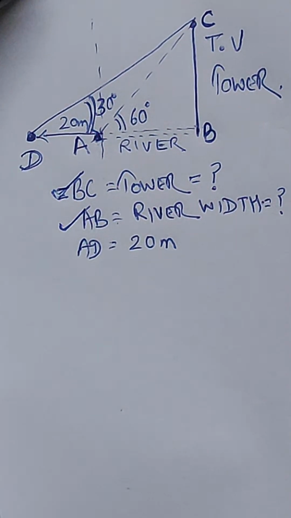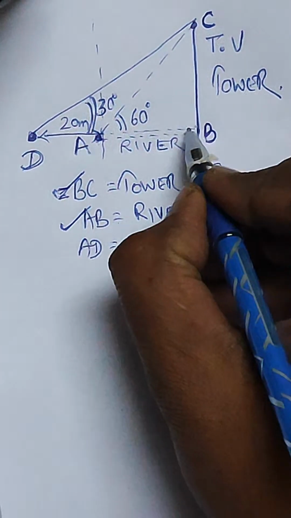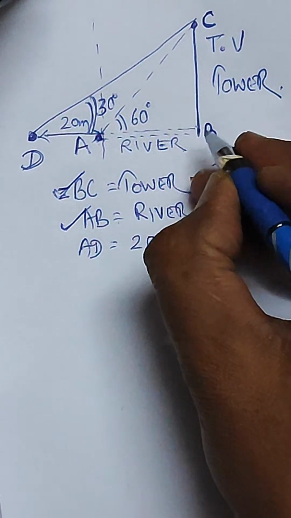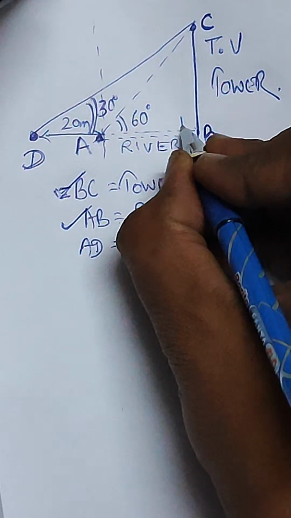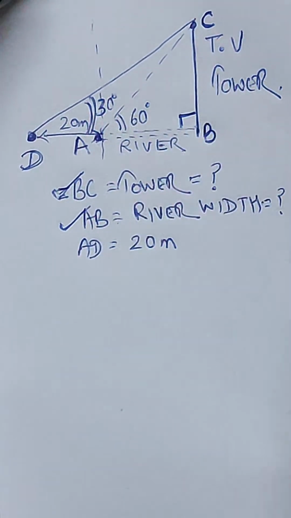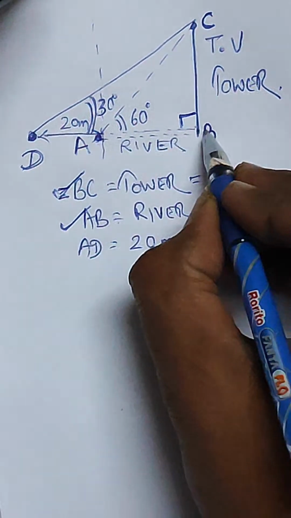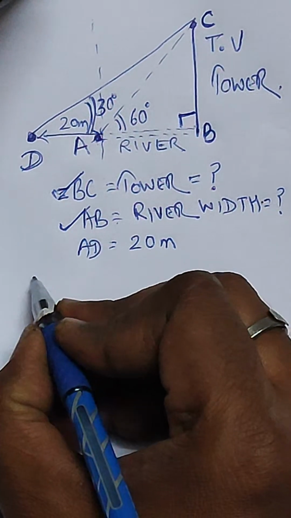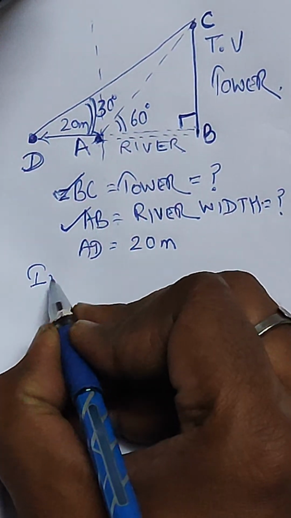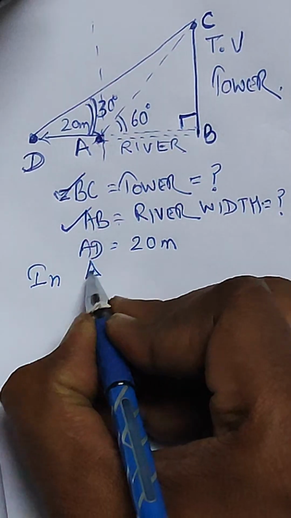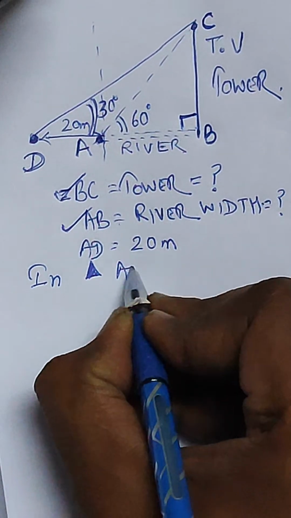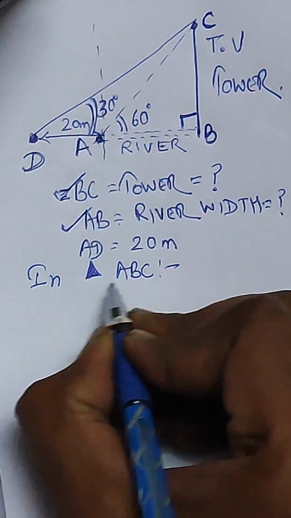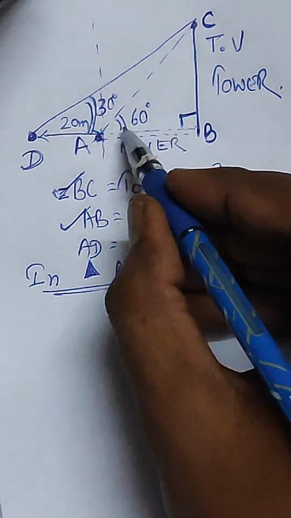So here, my dear friends, we can see if this tower is standing vertically, then can we say that this angle is 90 degree? Then we can say that ABC is a right angle triangle. So in the right triangle ABC, what will happen?